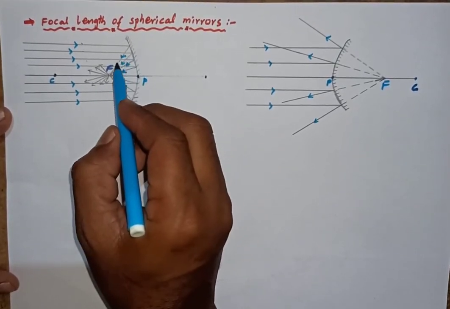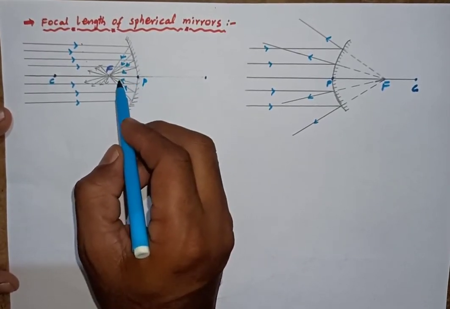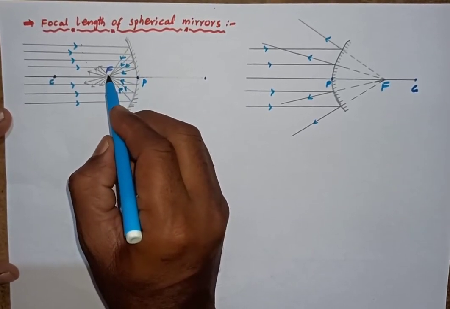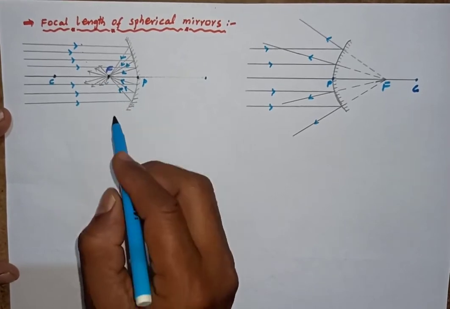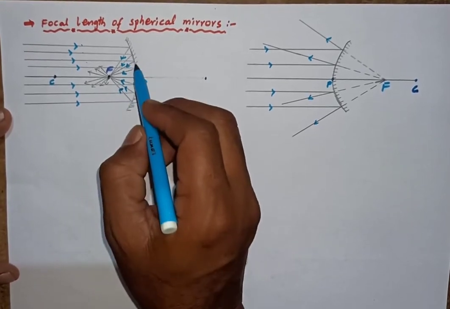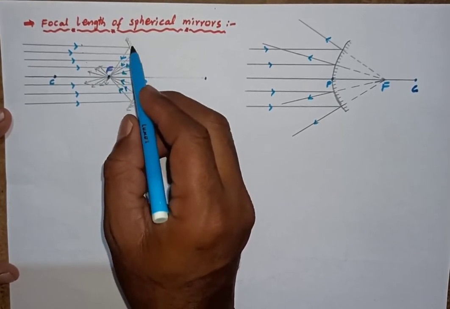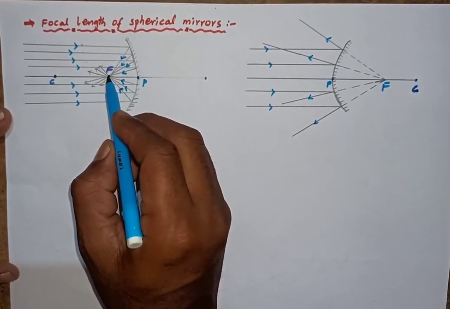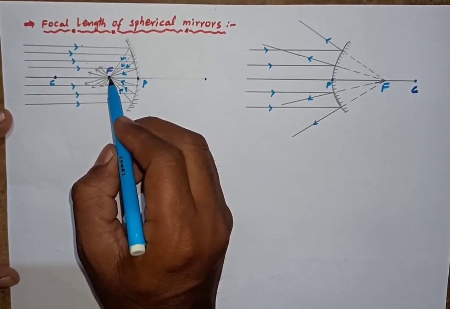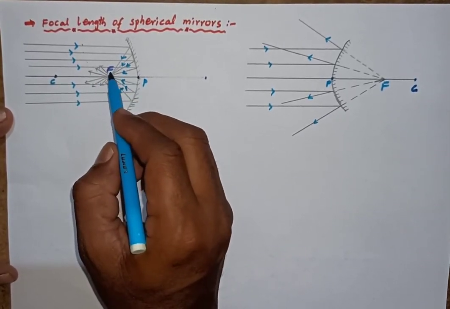Then they are reflected back at a certain angle and make an image at a point. All these reflected rays coincide at a point on the principal axis. This point is called the focus, or focal point.